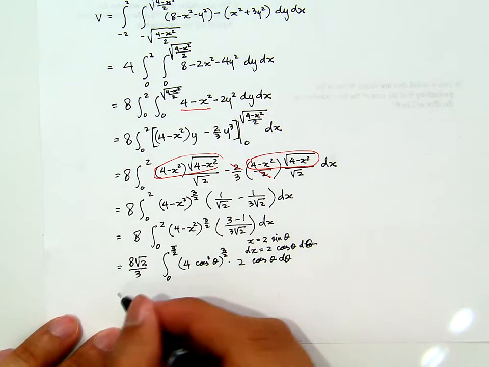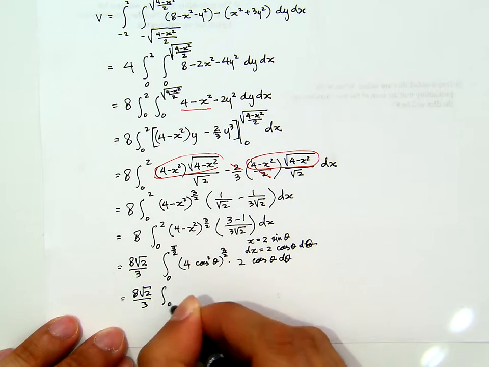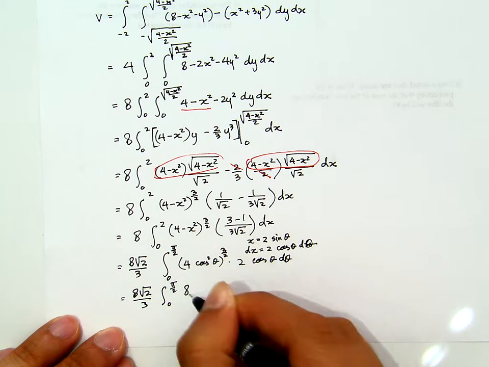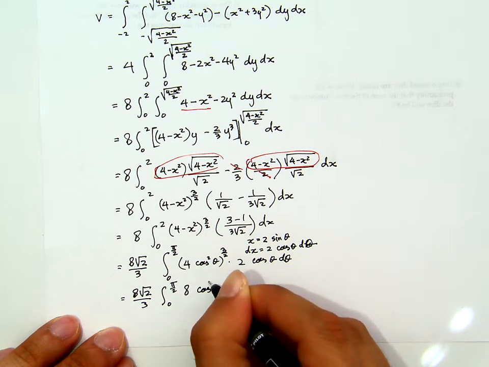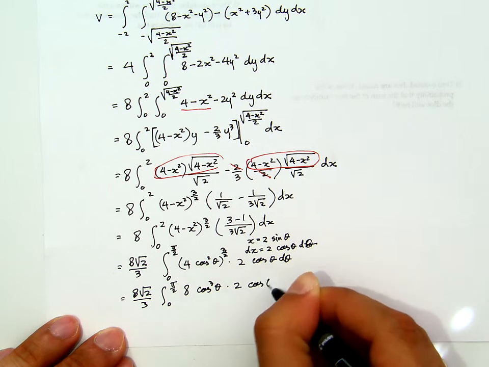Now let's clean up. 8 square root of 2 over 3, integral from 0 to pi over 2. This becomes 8 cosine cubed theta times 2 cosine theta d theta.